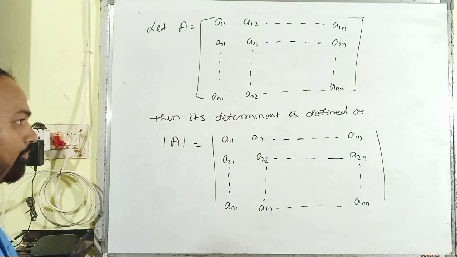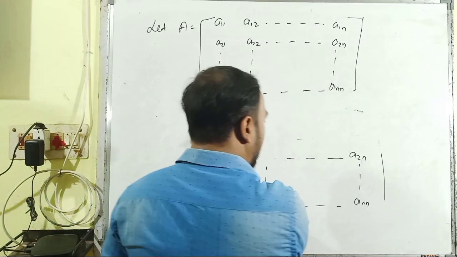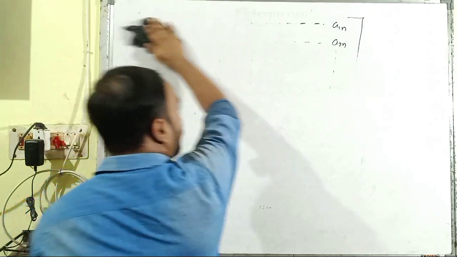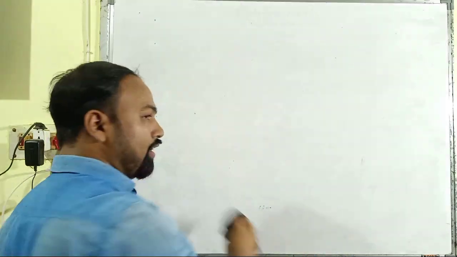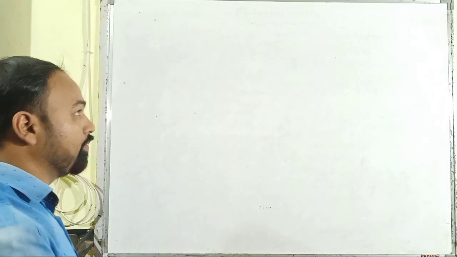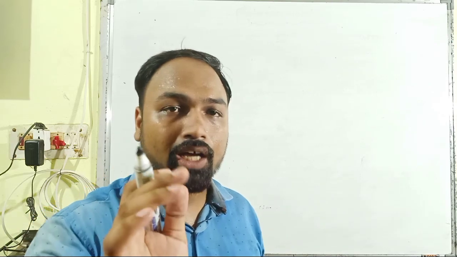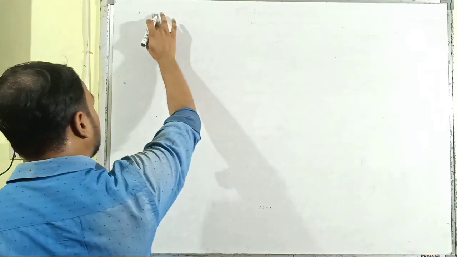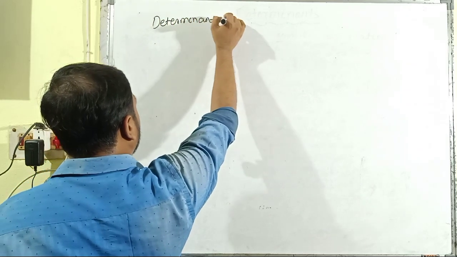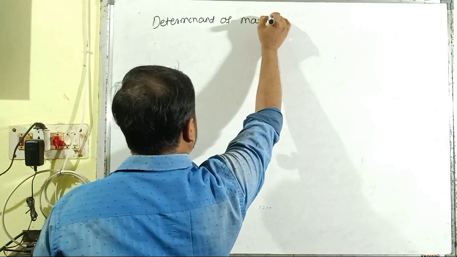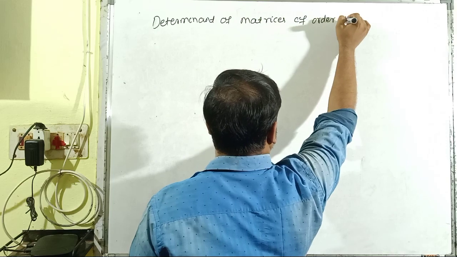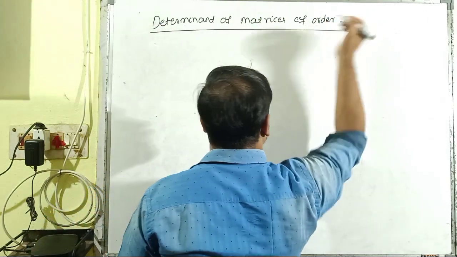Then let us go through the value of the determinant of matrices of several orders. First of all, we are going to find the determinant. A determinant is a value, an expression, or a numerical value. So let us find the determinant of a matrix of order 1.